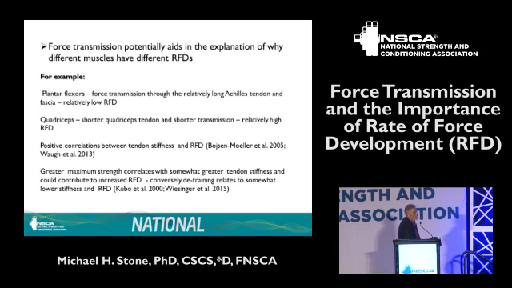Again, the greater your maximum strength, the greater your ability to produce force, and there are a number of reasons why that gives you some advantages in rate of force development. One of them comes back to increased tissue stiffness, because we know with strength training we can alter the tissue stiffness in a positive direction.